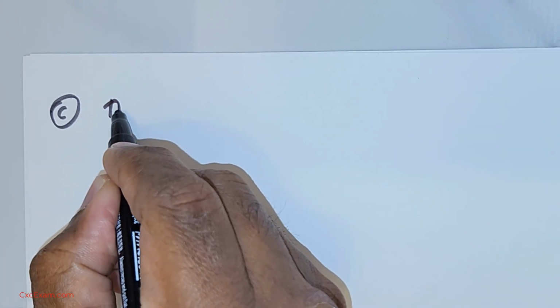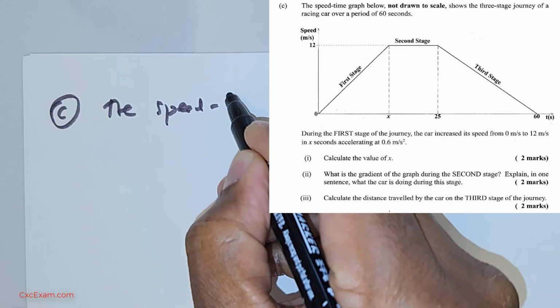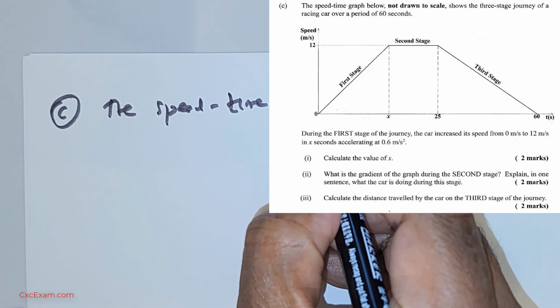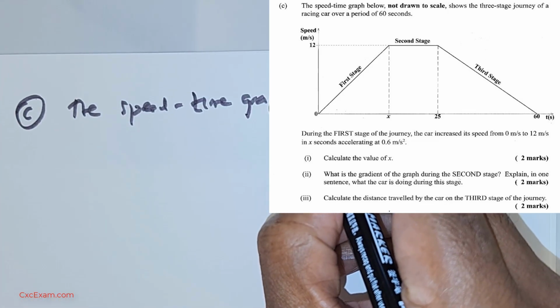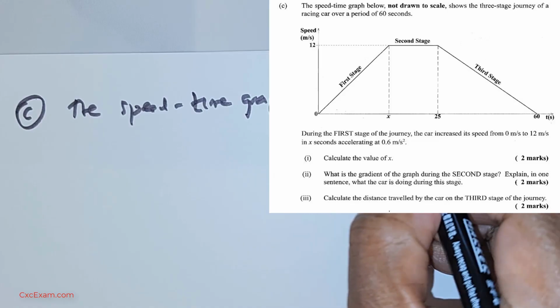Okay, this is part C. It states that the speed time graph is given below.